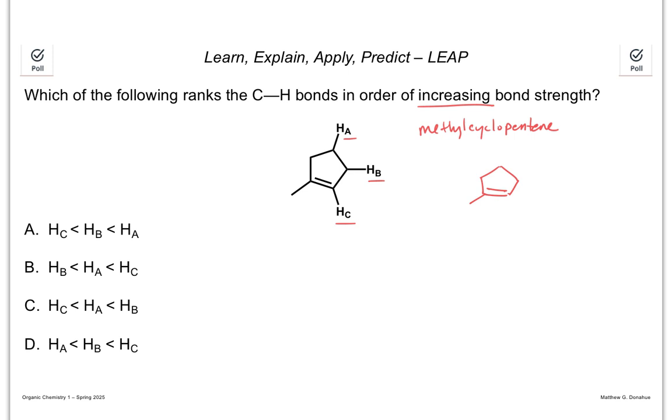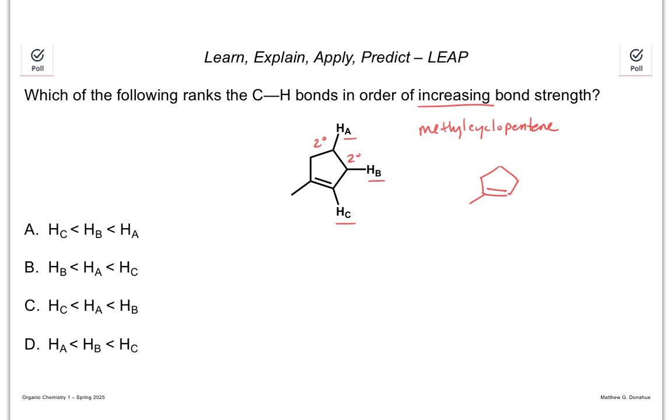So what's the weakest bond? You said A? So let's classify them. C to HA, that's secondary. C to HB is secondary.